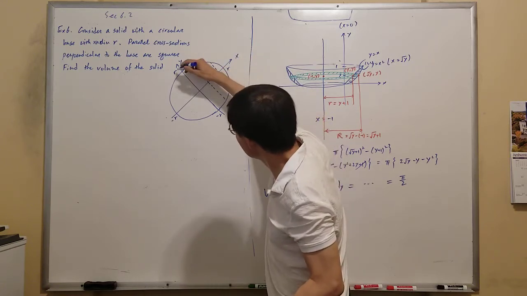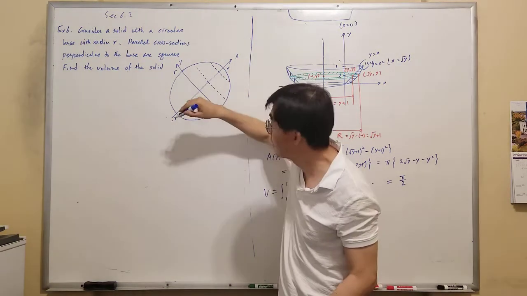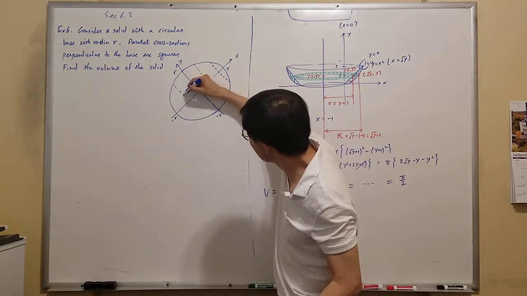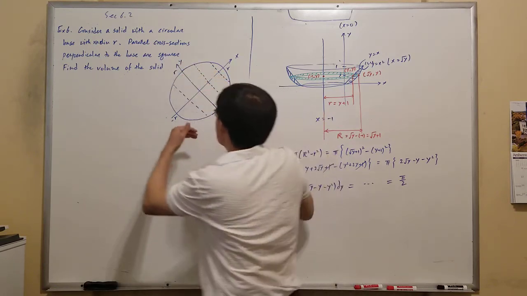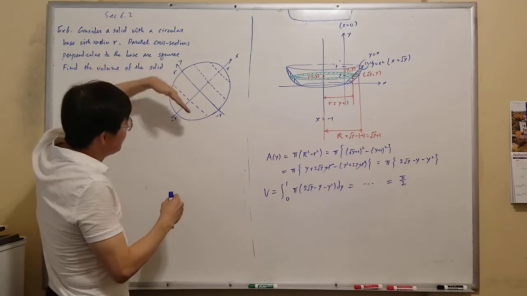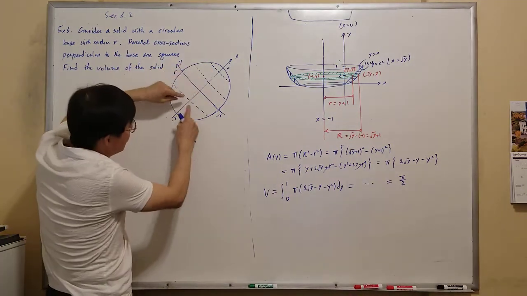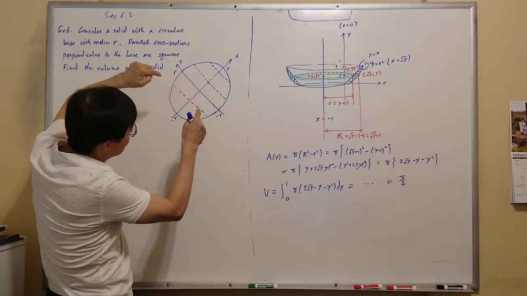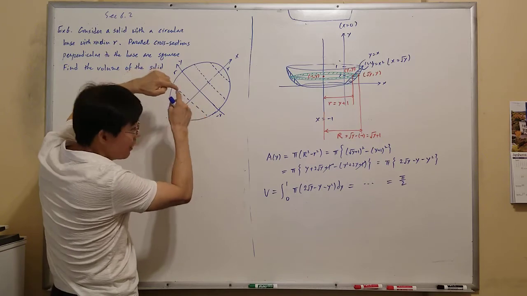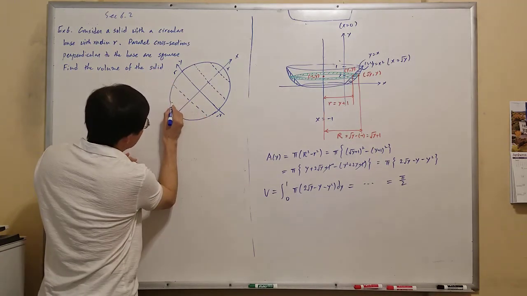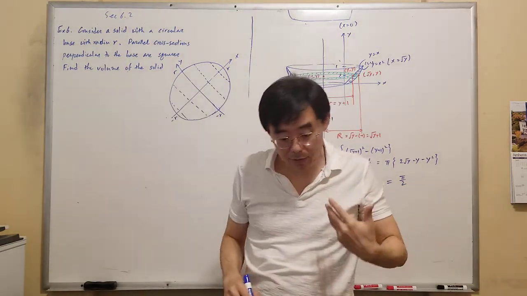Here, a larger square on top of this base. And again, a smaller square. Because they say that these cross-sectional regions are all squares, you have to erect a square from this. Over here, also smaller. So that's the shape.